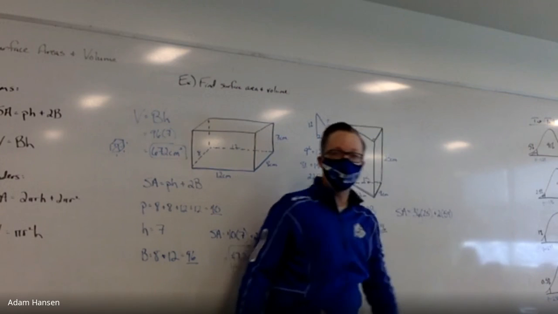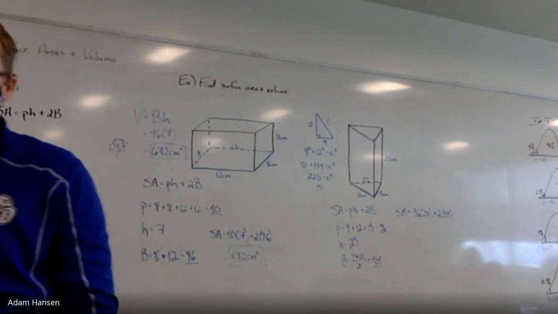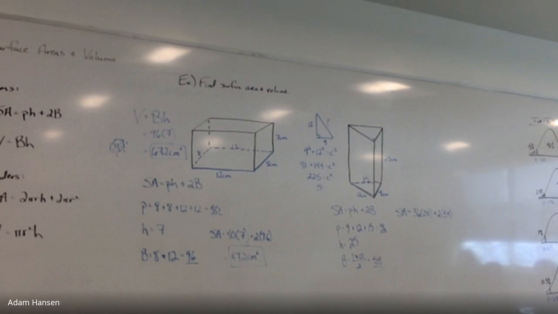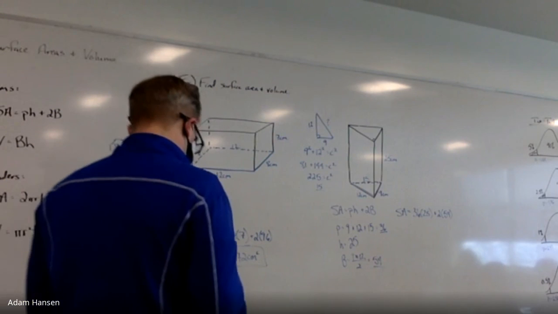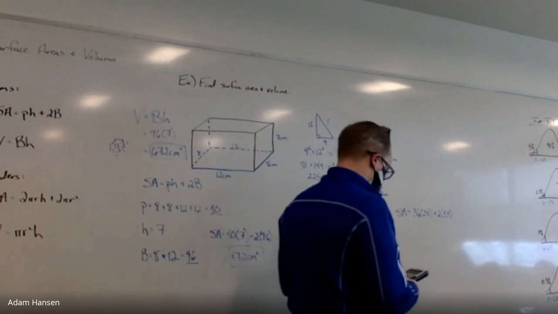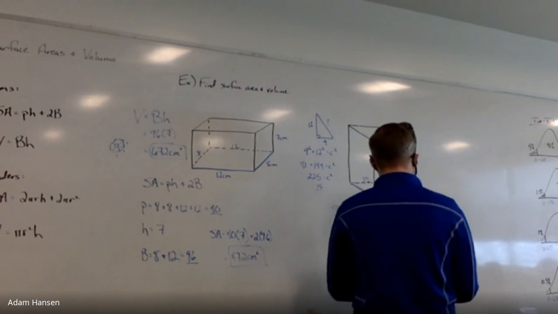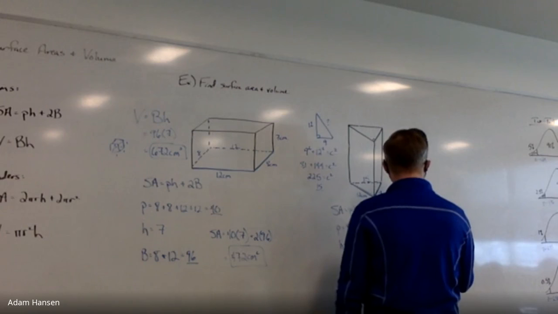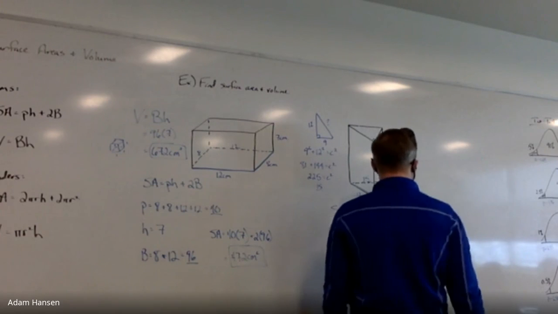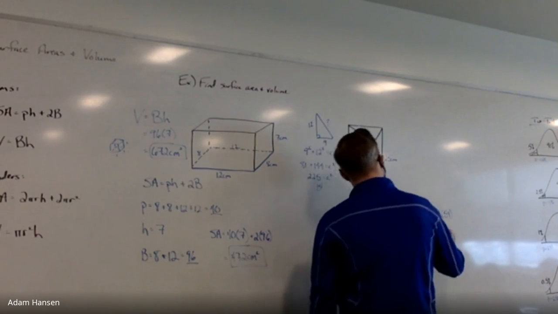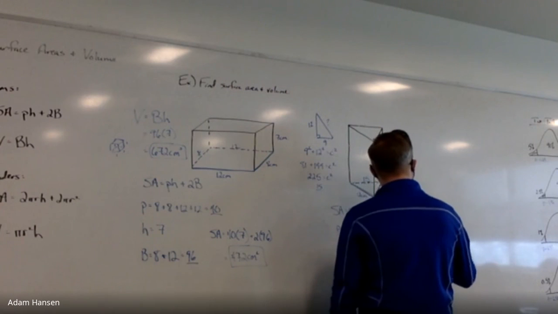Add it together for the total surface area. 1,008. 1,008 what? Square centimeters.